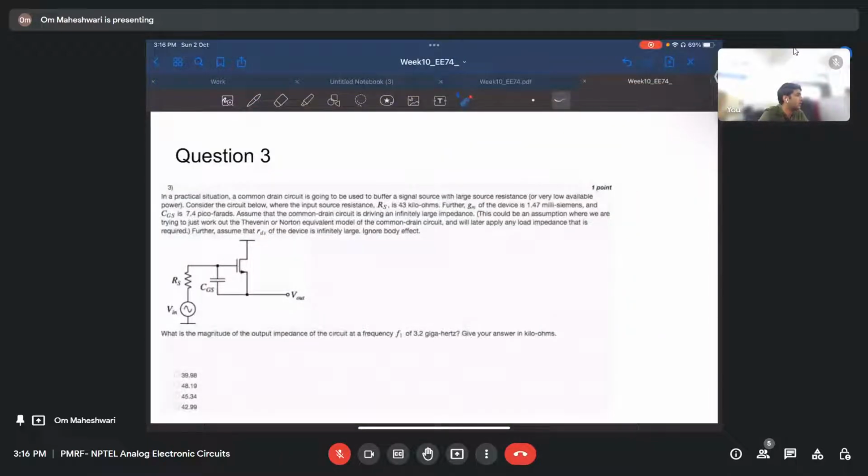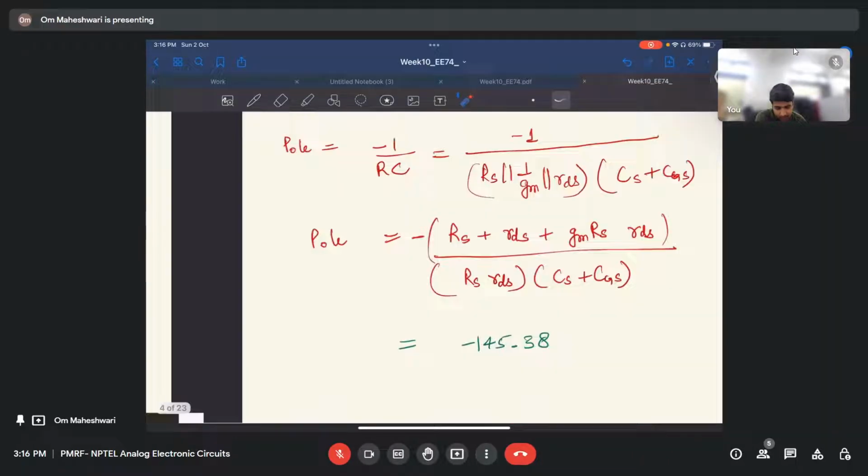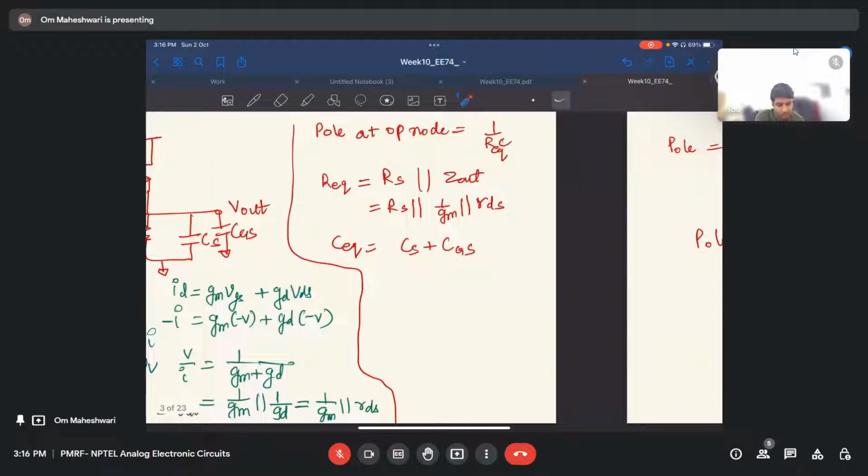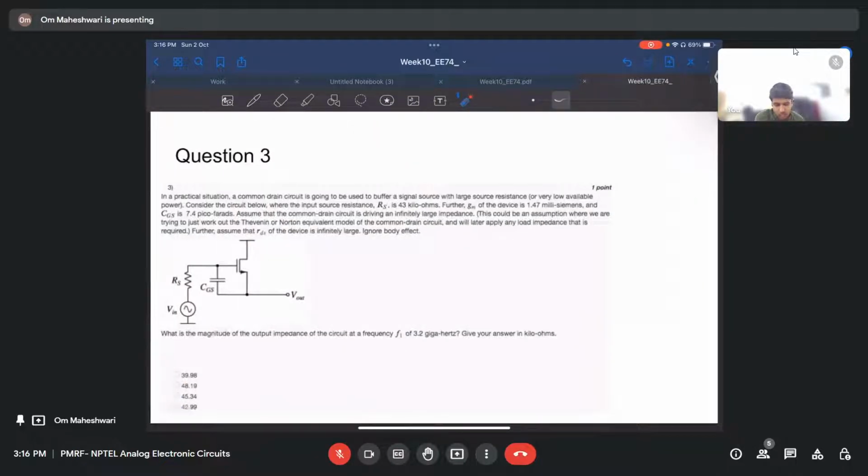So let us see the next part. They are saying that earlier we had the same circuit, but now in the same circuit they are adding a resistance at the source RS and then giving the input Vn. So what will happen then? If you have seen the video, this is actually the practical situation.